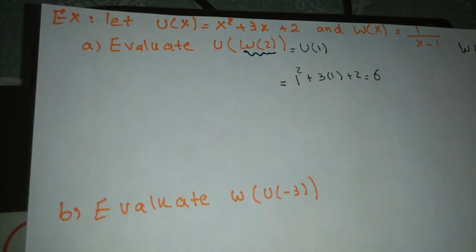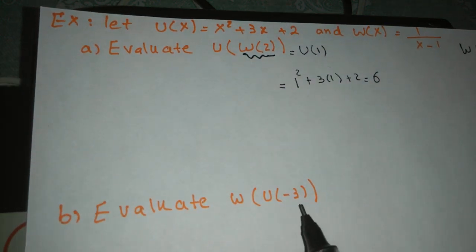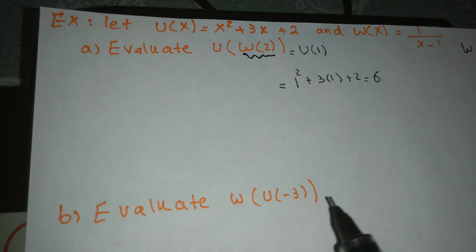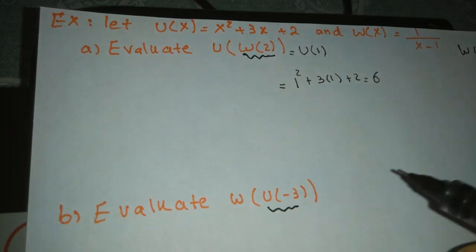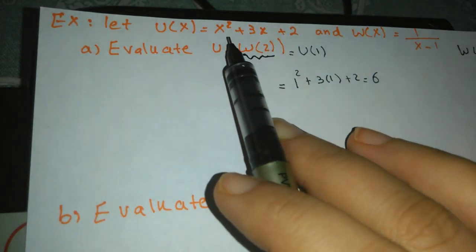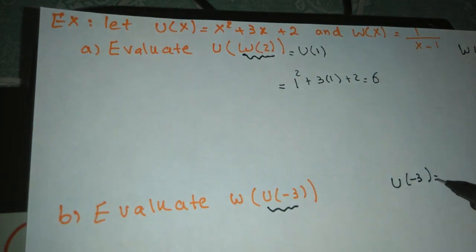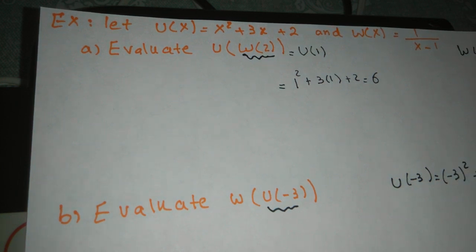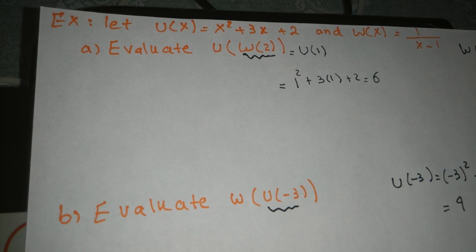So the same thing I can do here. First, I want to find u of negative 3, right? So u of negative 3 means instead of the x here, I put negative 3. So negative 3 power 2 plus 3 multiplied by negative 3 plus 2. It's going to be 9 minus 9 plus 2.